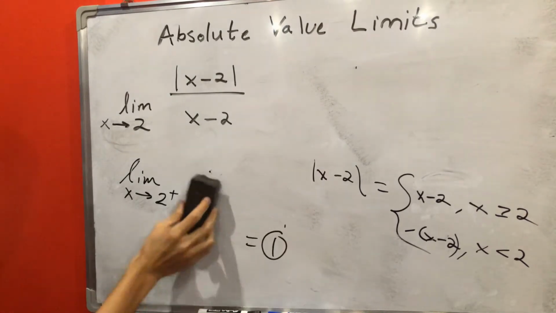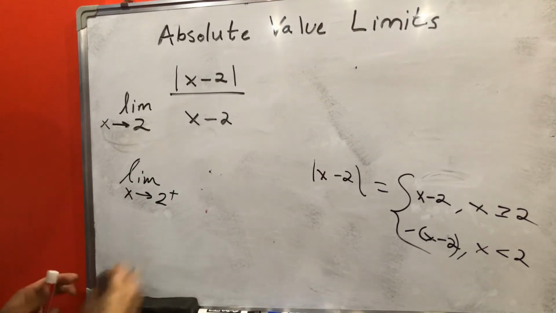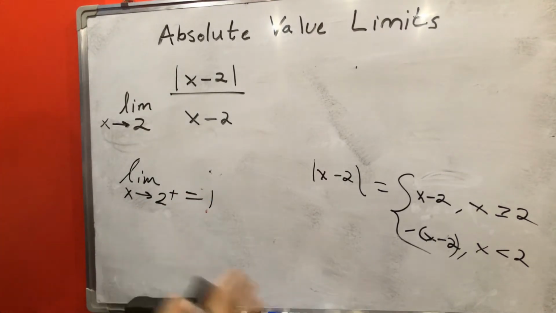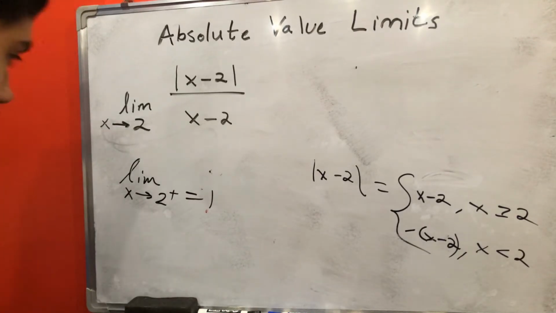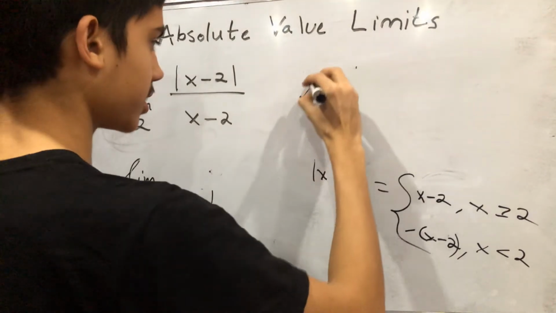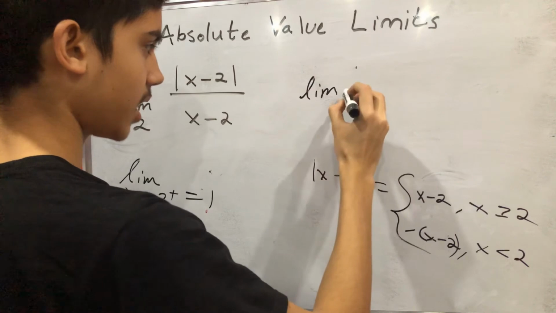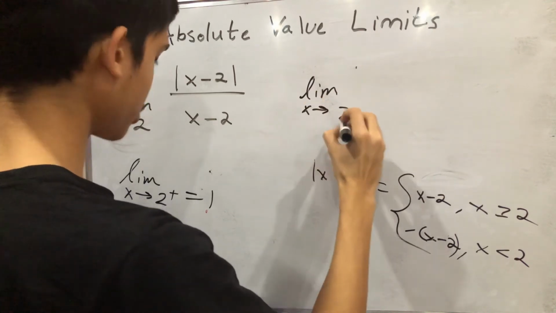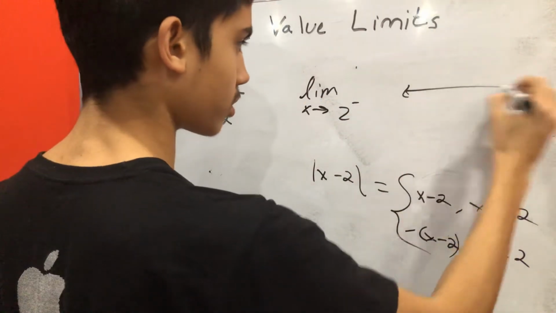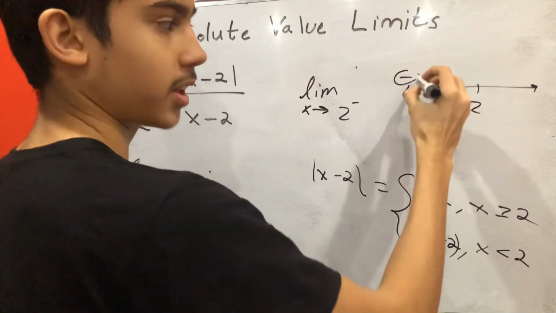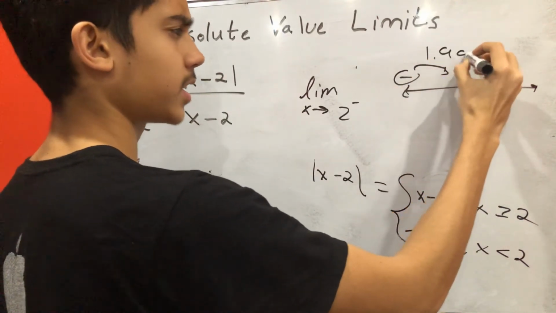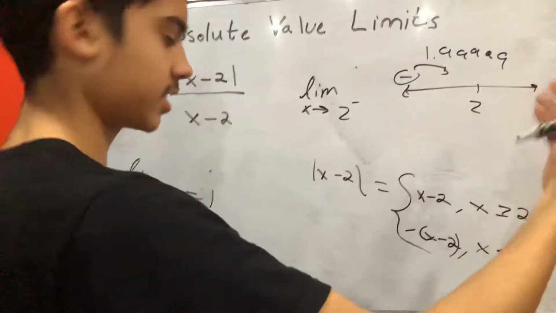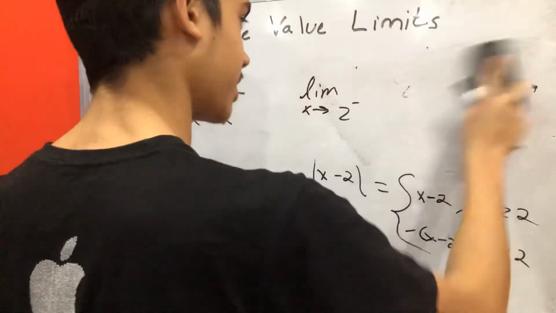What about the limit from the left? We have to see if the limit from the right and the limit from the left are the same. So let's test the limit as x approaches 2 from the left. Again, just to refresh, from the left, you're coming in like 1.9999999.